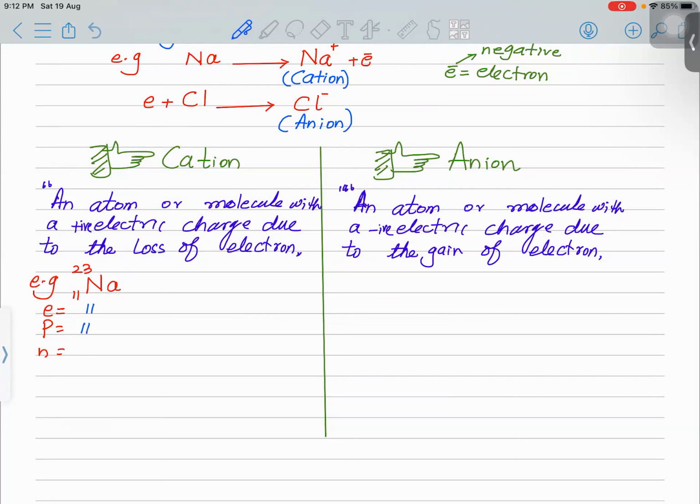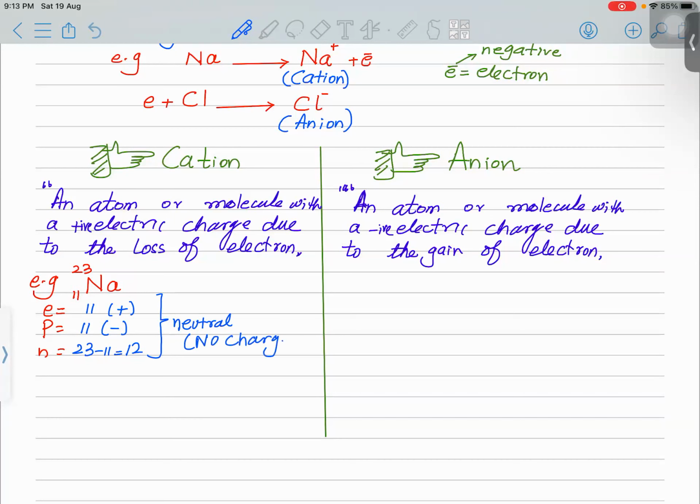Electron 11, proton 11, neutron 23 minus 11, so 12. How many electrons? 11, sir. And how many protons? 11. So it is neutral. 11 positive, 11 negative. Neutral means no charge.